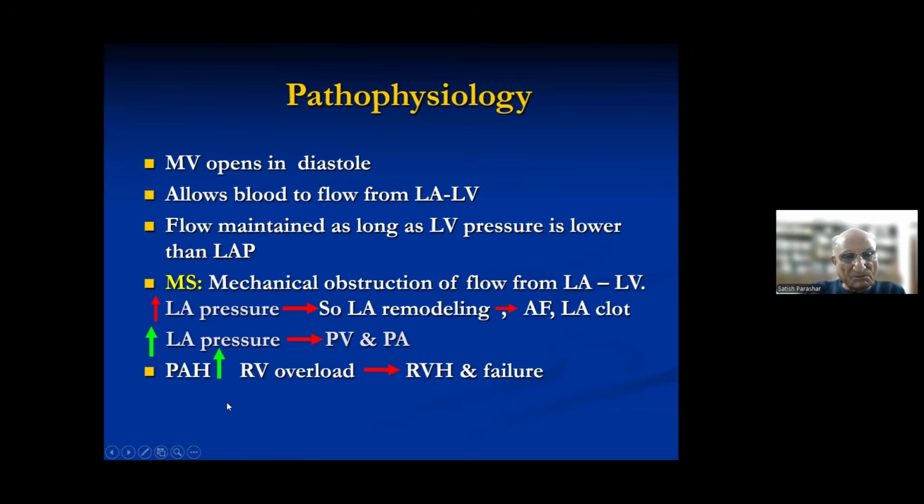The RV injects blood into the pulmonary artery. So when there is a prolonged increased pressure in the pulmonary artery, the RV increases in size because any chamber subjected to increased pressure or volume increases in size. So there is an RV overload, RVH, and then there is a failure.